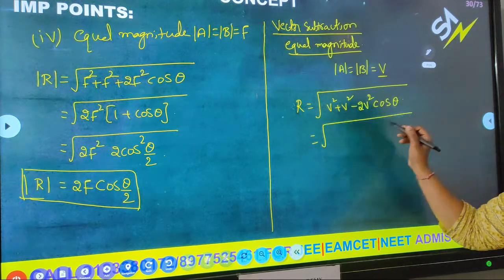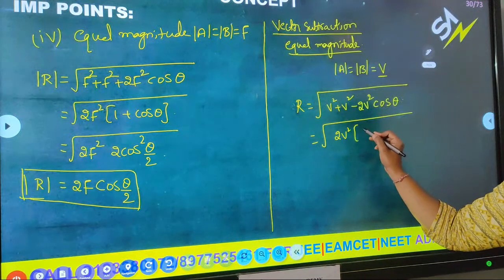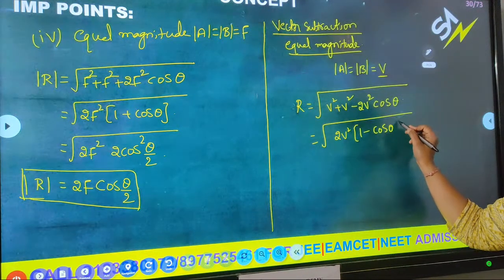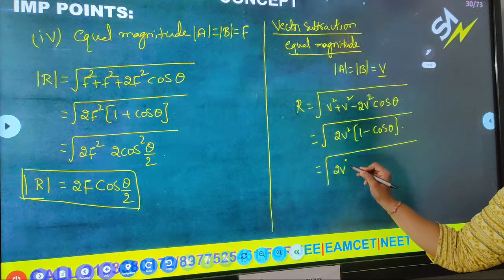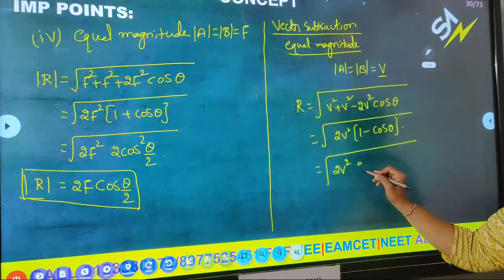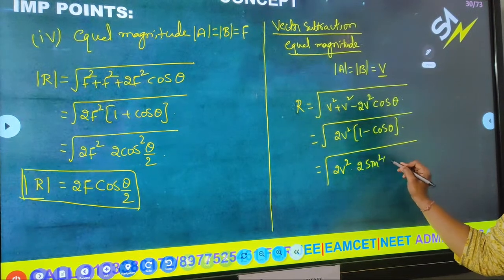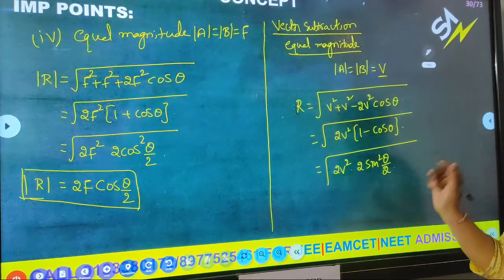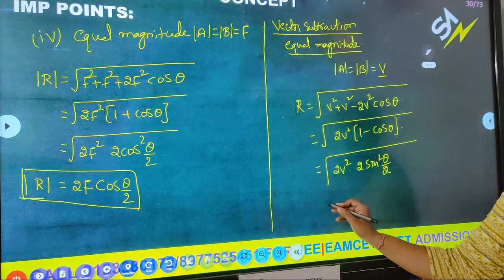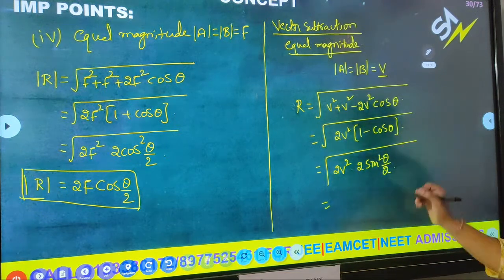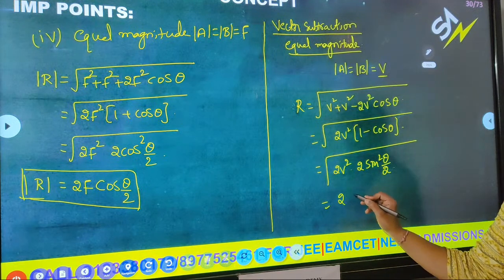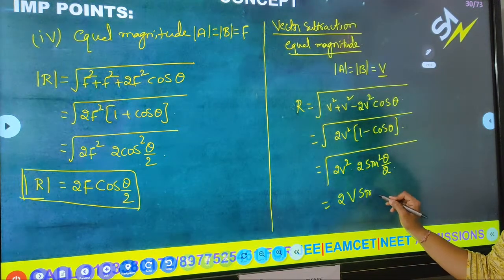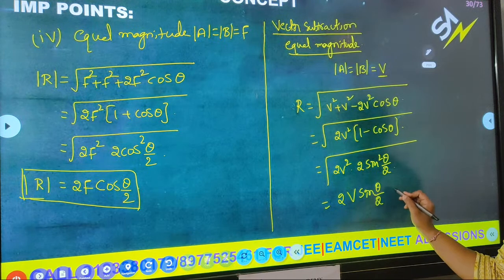So here we can take common 2V square, 1 minus cos theta. It will be 2V square into 2 sine square theta by 2, since 1 minus cos theta can be written as 2 sine square theta by 2. So then the resultant will be 2V sine theta by 2.